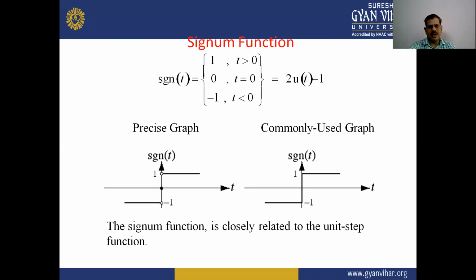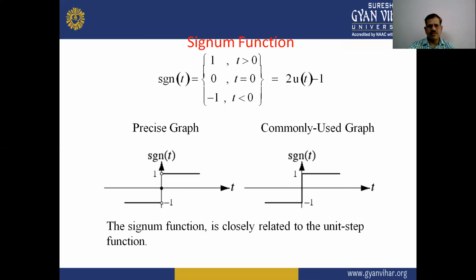Next one is the signum function, which is closely related to the unit step function. The signum function equals 1 if t is greater than 0, equals 0 when t equal to 0, and has the value minus 1 if t is less than 0.